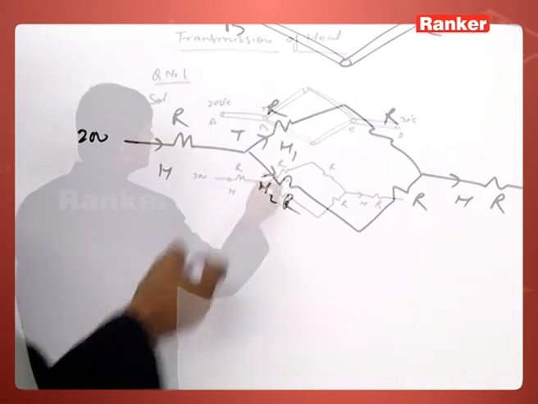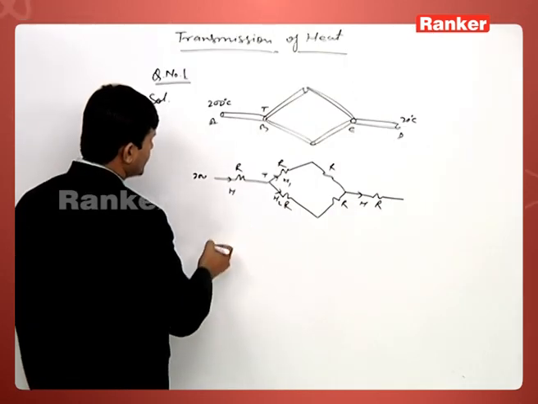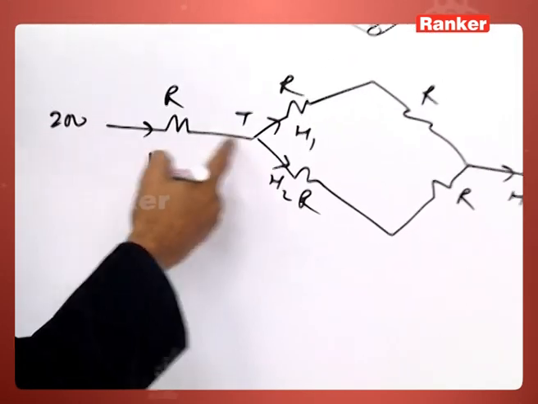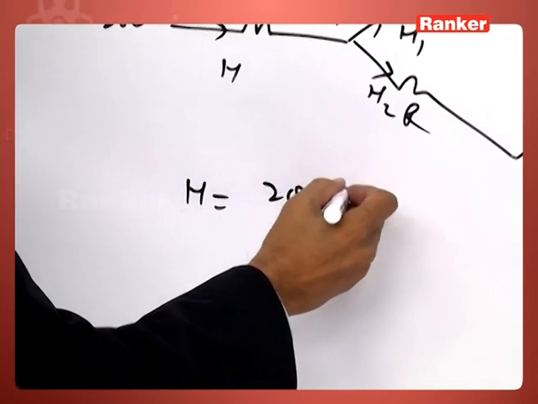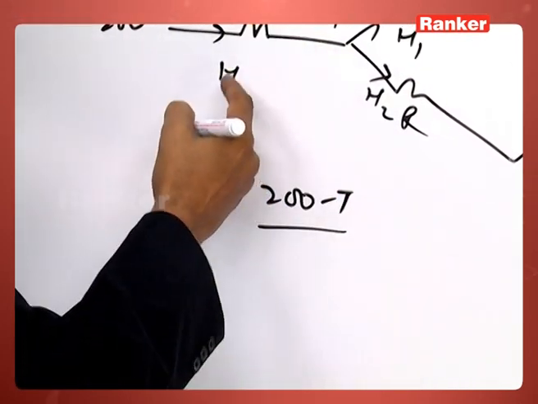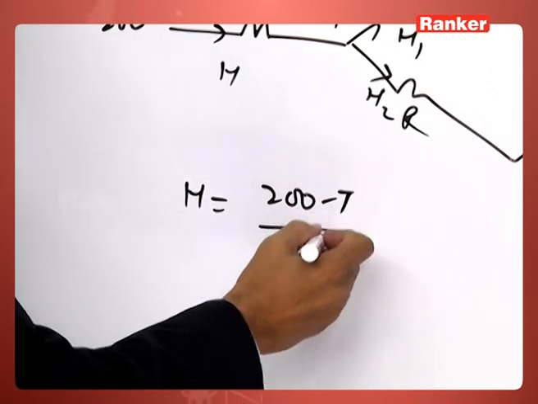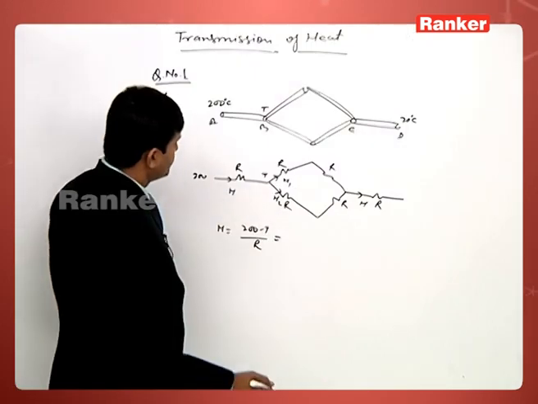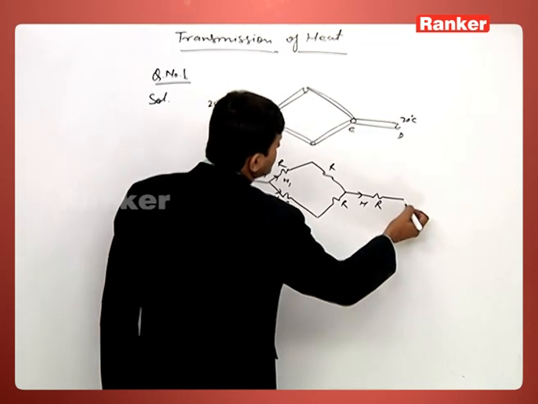So this temperature is T. So see here, heat current H is 200 minus T by R. This is equal to the temperature 20.